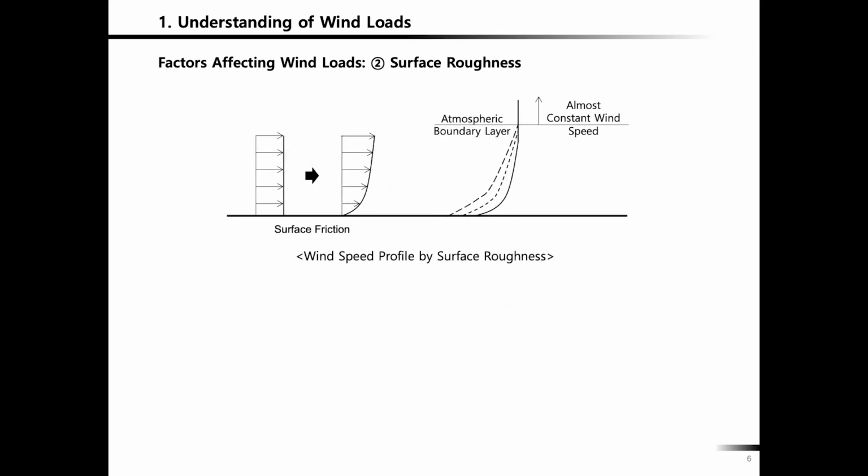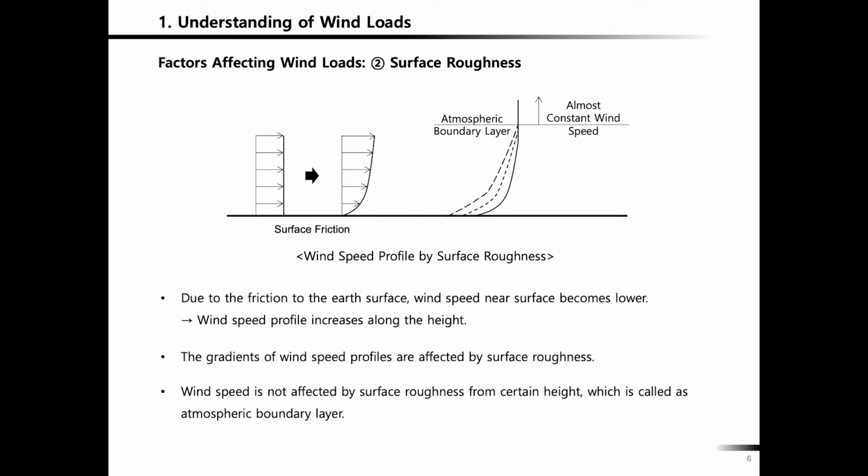Next, affecting parameter, surface roughness. Well, because of friction, wind speed profile is not uniform. Rather, it's exponential.